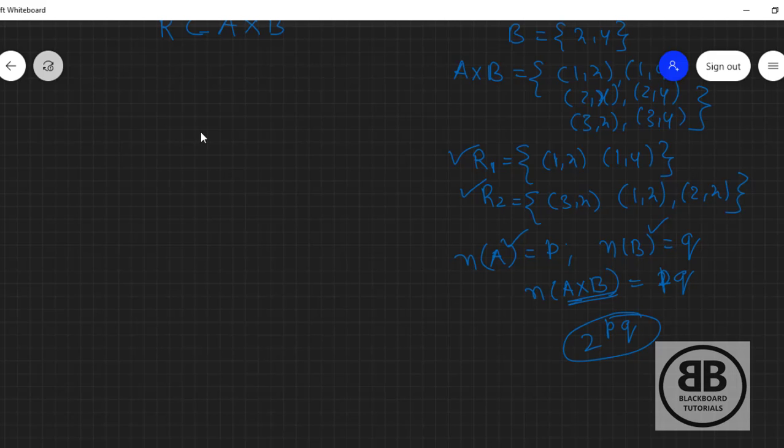If you are defining a relation from set A to set B, then that relation will be a subset of the Cartesian product A cross B. Suppose x comma y belongs to our relation R. That means x is related to y. This implies that if the ordered pair x comma y belongs to set R, then x is related to y.